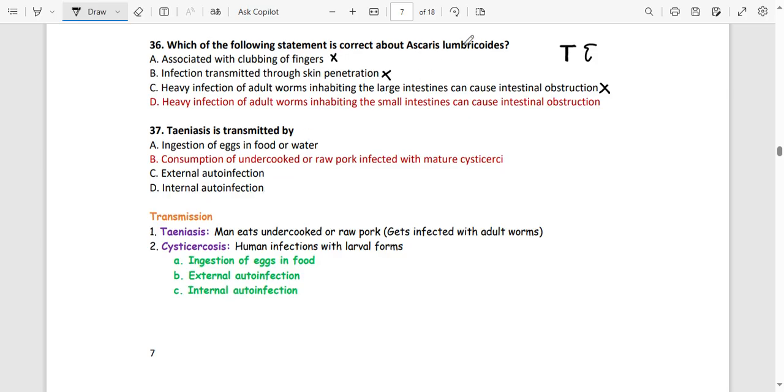I want to mention again something on Ascaris lumbricoides. The worms don't attach to the mucosa of the small intestine. But the way they work is that they're going to be shortening the villi. That leads to obstruction of the small intestine, because they'll be accumulating. And actually for the Ascaris, it can migrate to the liver for the male worm.